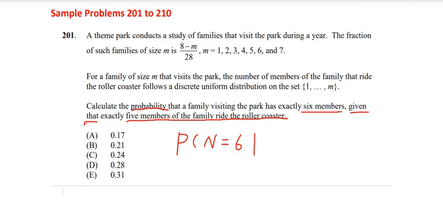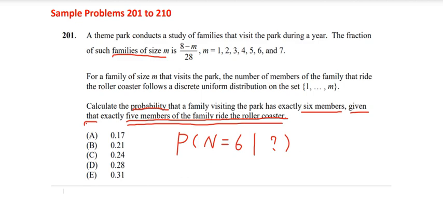So we just check this condition first. What is the probability of this? We have 5 members of the family who ride these things, play these games. Let's say the family size can be 1, 2, 3, 4, 5, 6, 7.